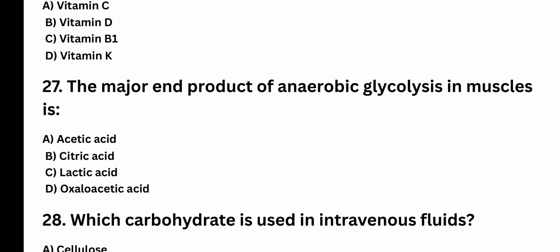The major end product of anaerobic glycolysis in muscles is. Options are acetic acid, citric acid, lactic acid and oxaloacetic acid. Here the answer is lactic acid. Option C, lactic acid is the right answer.